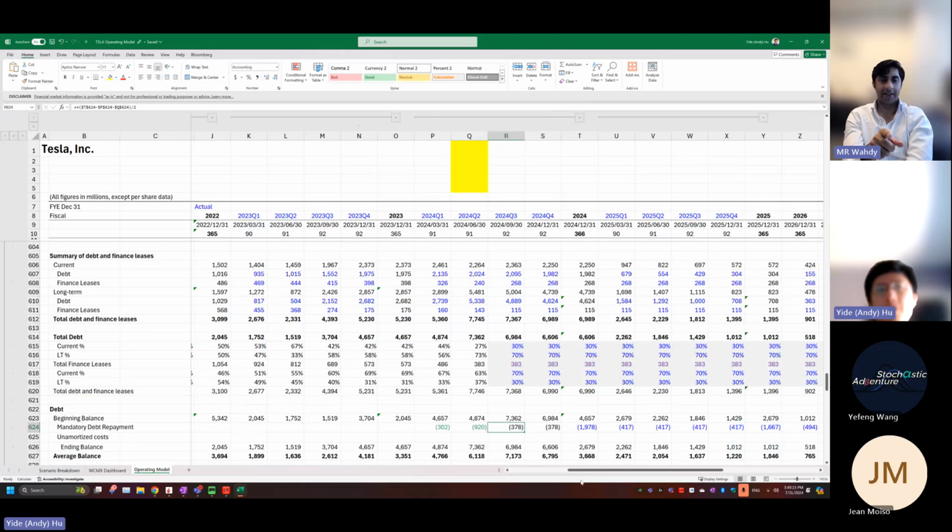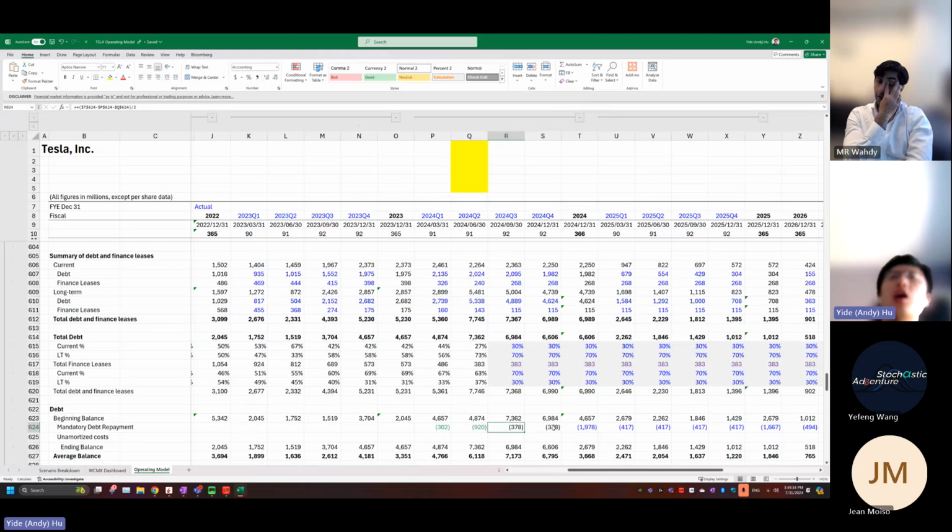But you also have to remember that the current portion on the balance sheet is an annualized rate, right? It's an annual number, like BF12. Well, no, it's not BF12. It's more like LTM in that sense.